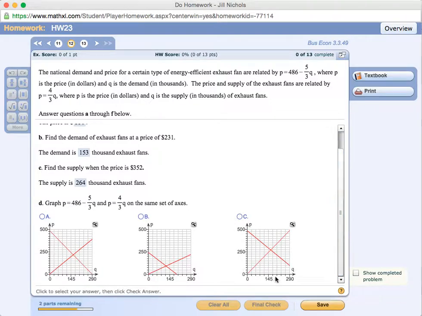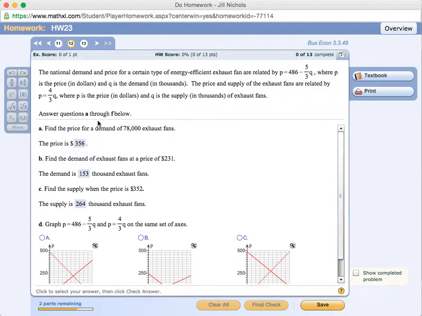So 356, if you look, is actually off the graph. That's 290. 356 is somewhere out here. So I'm leaning towards this graph because on this one, when demand is 290, price is 0. But that doesn't make sense because it shouldn't have hit the x-axis yet at this point.